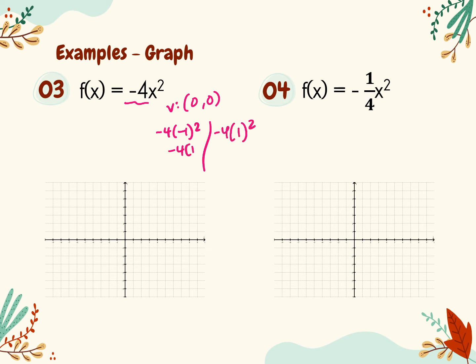I'd get -4 times 1, which is -4, and -4 times 1, which is -4. So (0, 0), and this would be (-1, -4) and (1, -4). Which is, again, consistent with what we thought at the beginning. You just have to be more accurate this time.